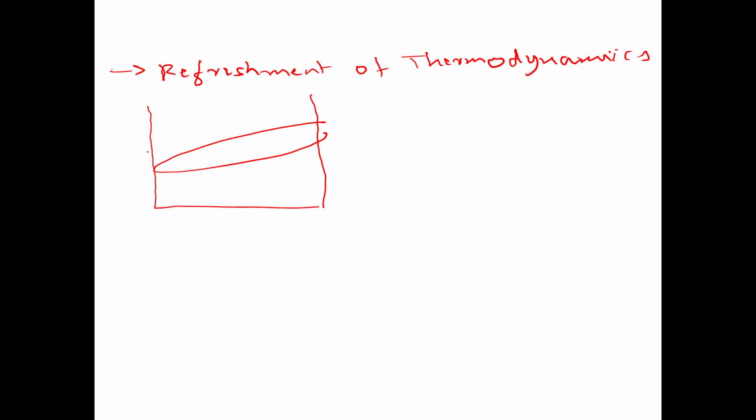This is an isomorphous phase diagram, with B percent on the axis.